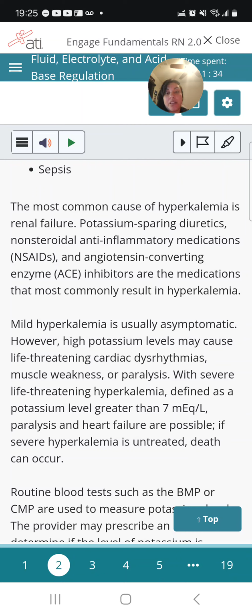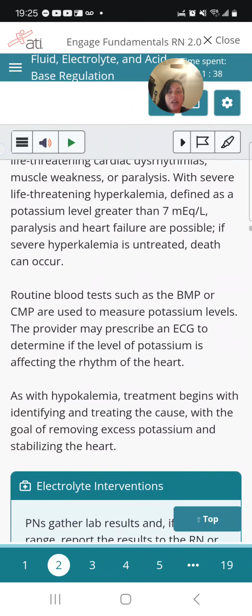If severe hyperkalemia is untreated, death can occur. Routine blood tests such as the basic metabolic panel or the comprehensive metabolic panel are used to measure potassium levels, and the provider may prescribe an ECG to determine if the level of potassium is affecting the rhythm of the heart.